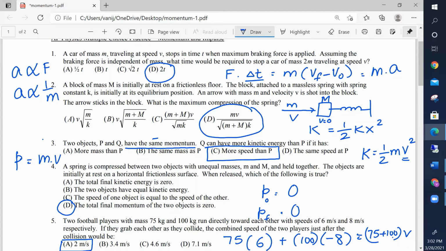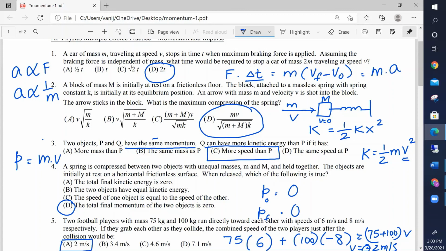And so if you solve it, 75 times 6 minus 800 divided by 175, what would you get? Because they're asking for speed, we don't have to worry about the direction. You get V as negative 2 meters per second. However, the negative sign simply indicates that the object is moving to the left. The two players are moving to the left with a speed of 2 meters per second.